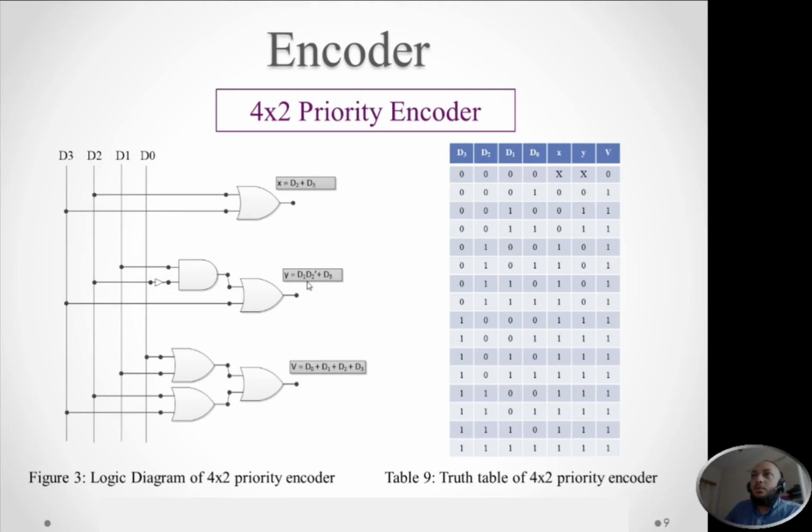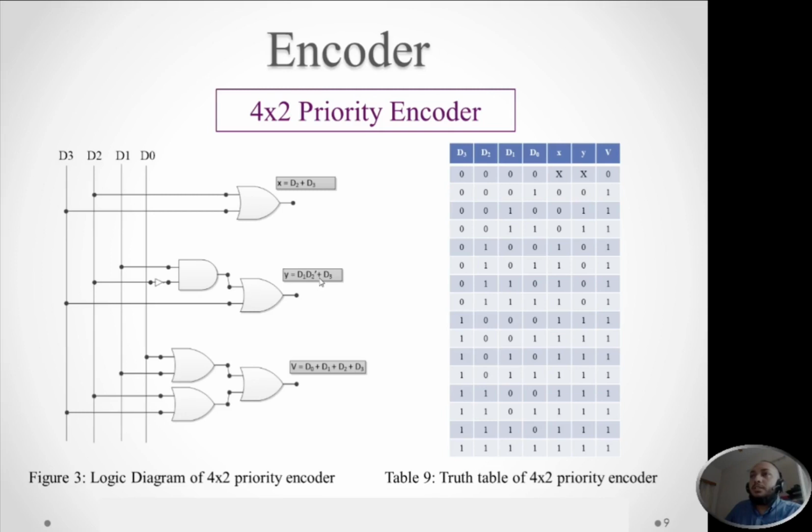For Y, we need D1 D2 prime, so we will take input to an AND gate from D1, and for D2, at first we will put an inverter, and the output of the inverter will be given to the AND gate, and here we will get D1 D2 prime.